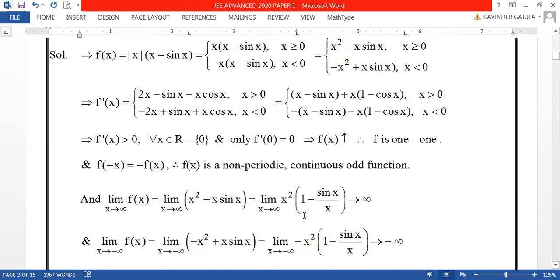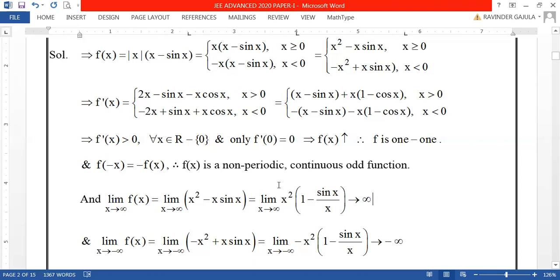As x tends to infinity, sin x by x tends to 0, because sin x is finite, lying in the interval minus 1 to 1, while x is infinite. Therefore, 1 minus sin x by x becomes 1 minus 0, which is 1, and as x tends to infinity, x square tends to infinity.